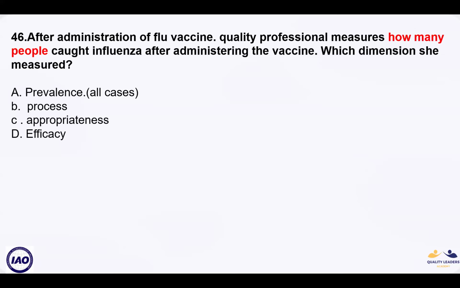Now, coming to the next question, 46. After administration of flu vaccine, a quality professional measures how many people caught influenza after administering the vaccine. What is the dimension that they are measuring? Here the question is not talking about any setting.